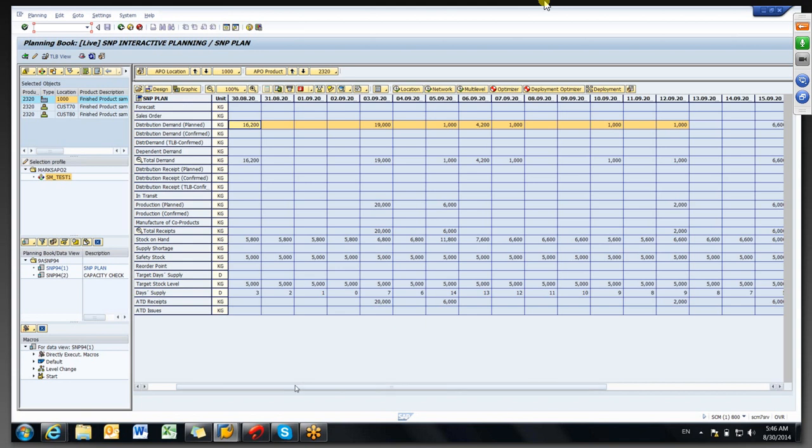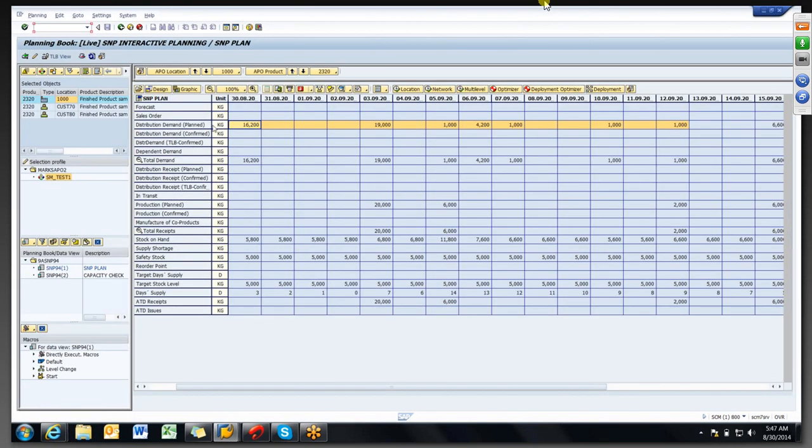Pull horizon means here you have given 20 days. So 20 days of demand it will pull and it will try to confirm on the same respective dates.